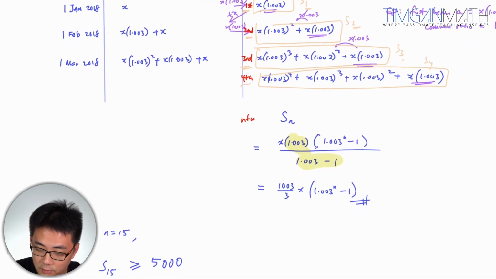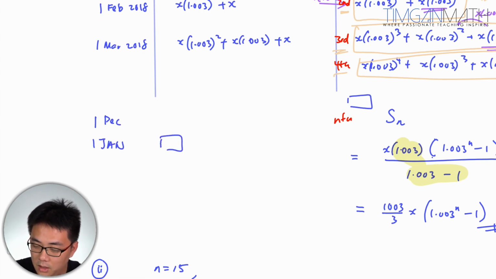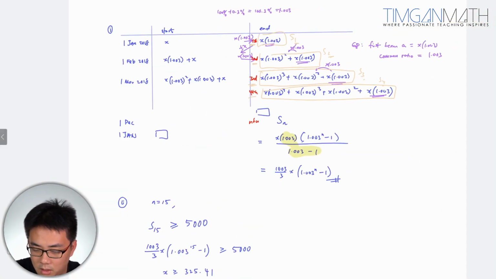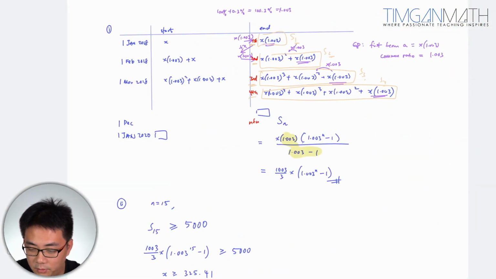Which means if you think about it, the 1st of December, this amount here, then the 1st of Jan was the amount at the front, then you start withdrawing. So this amount here first will be 24. So you need to find when n is 24.